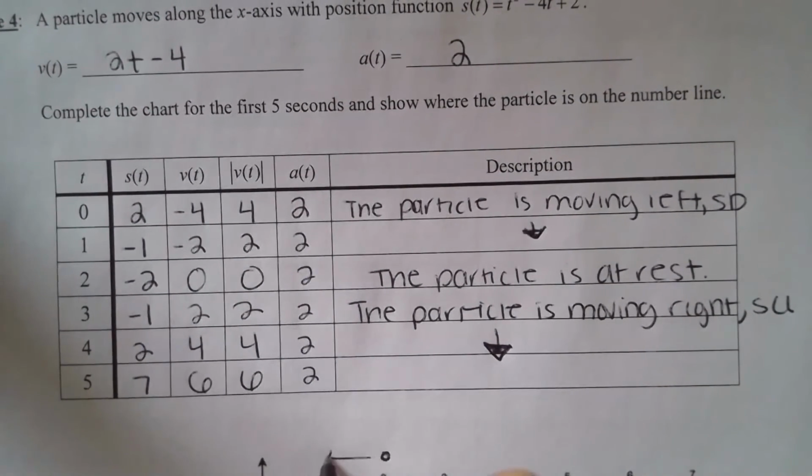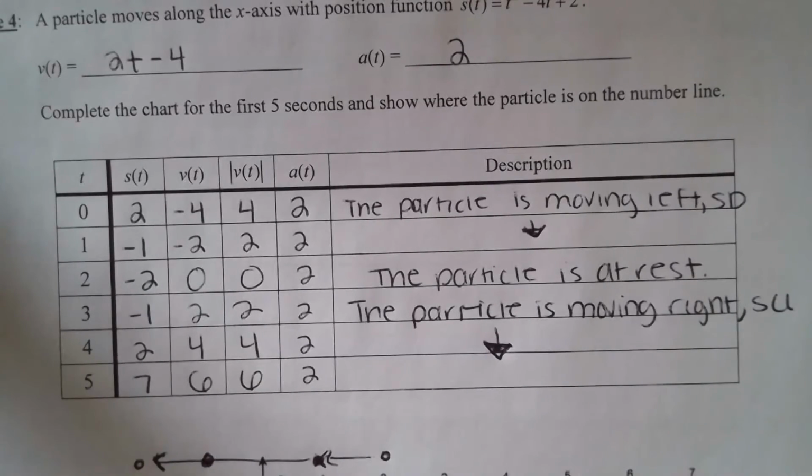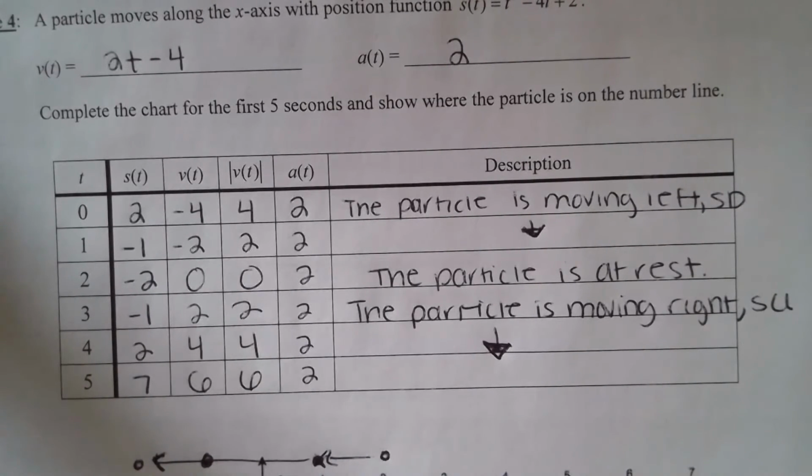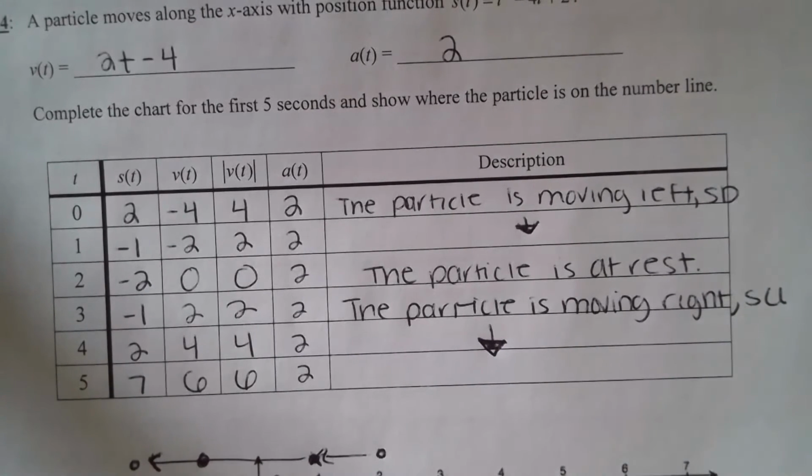So it goes to +1. Then it moves left more. Oh my gosh, I marked +1. -1, -2. Then it moves forward or to the right to -1. Then to the right to +2. And then to the right to +7.